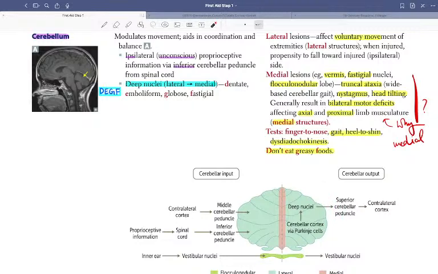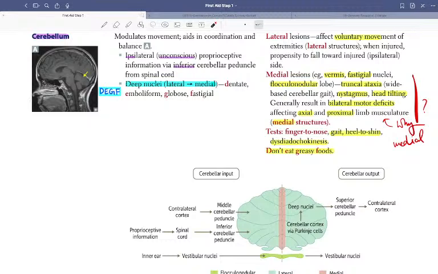Lateral structures, when injured, have a propensity to fall towards the injured side, that is the ipsilateral side, because that side has no balance. Basically, this part is towards the lateral and this part is towards the medial, and that is the trunk.